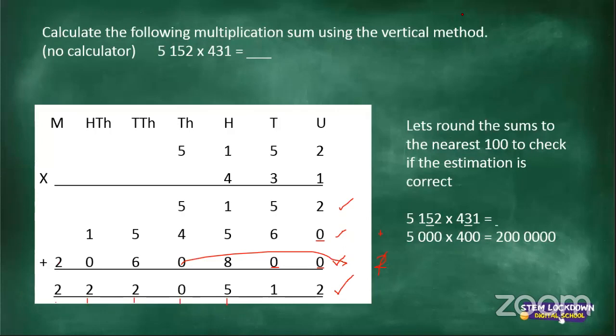Luwazi? Hello. Am I unmuted? Hi, can you hear me? I can hear you. Okay. So for every 4 by 3 digits, the last number, the unit, you have to times it by the 4 digits every time until you get an answer.